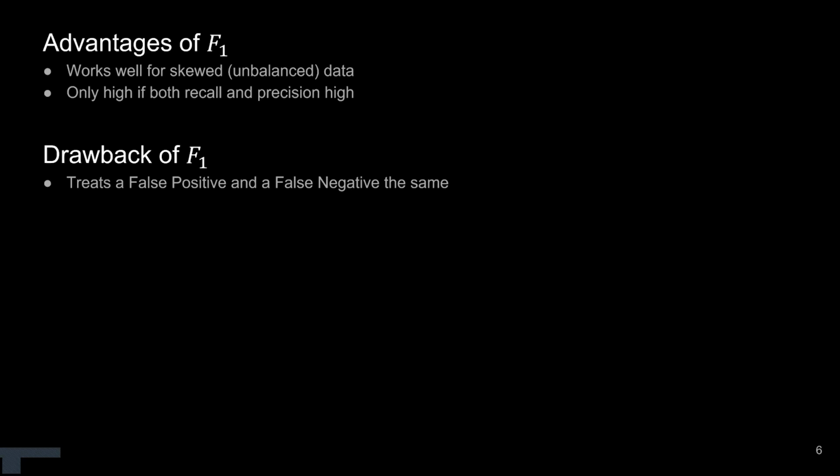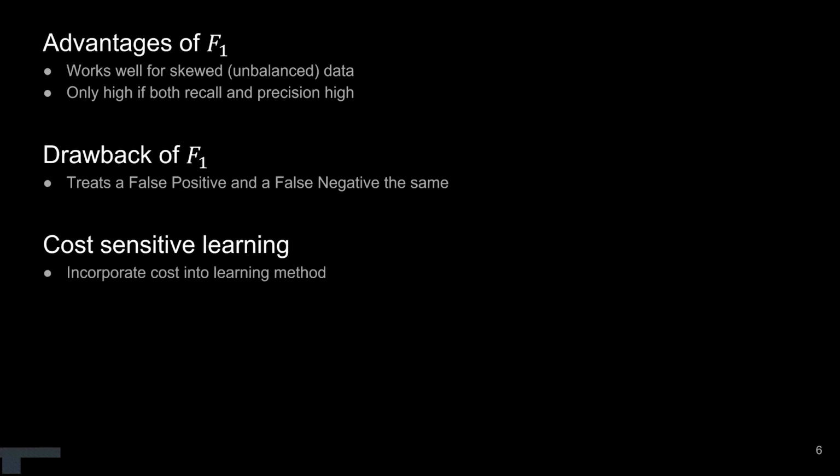Looking at the cost of misclassification is obviously not something new. People have been doing research in cost-sensitive learning for decades. There are usually two approaches to cost-sensitive learning. One is to incorporate the cost into the learning method, where you change, say, your loss function to account for the fact that the costs of the errors are different. You can also do that by changing the class ratio in the data that you're using for training.